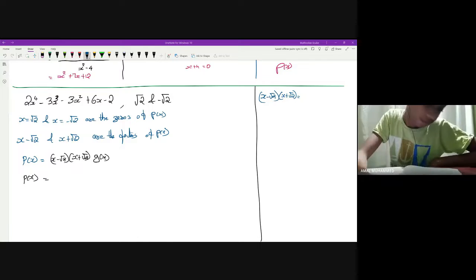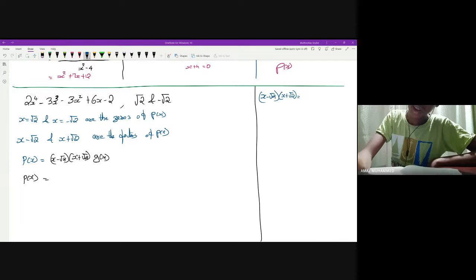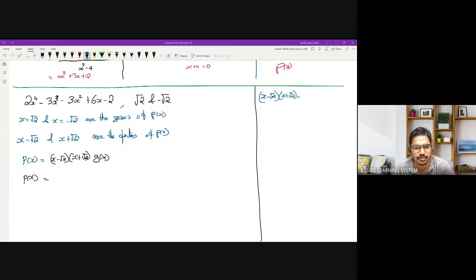What is obtained on multiplying x minus root 2 and x plus root 2? Multiply the line, Amal. Simple, time by time multiply.